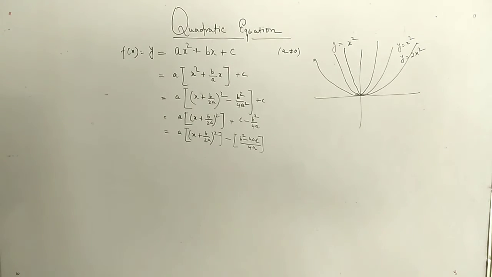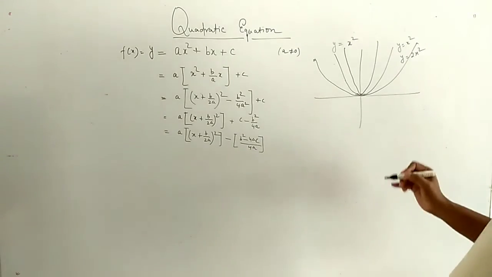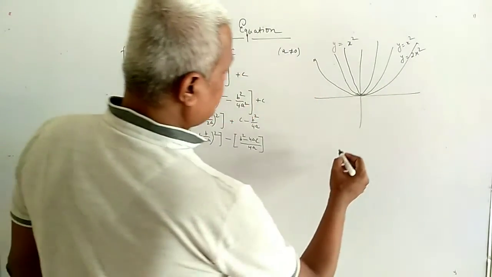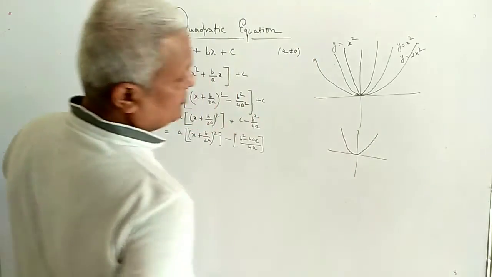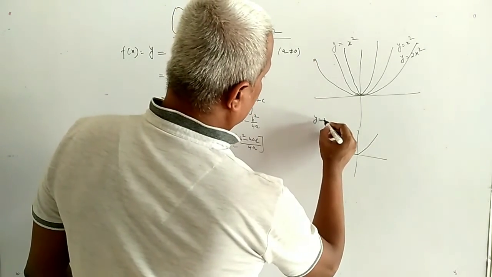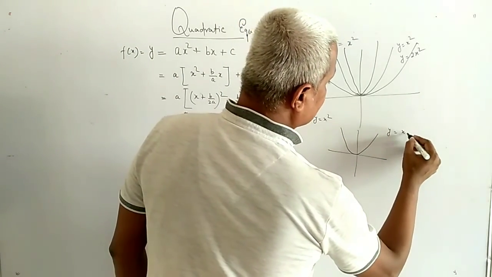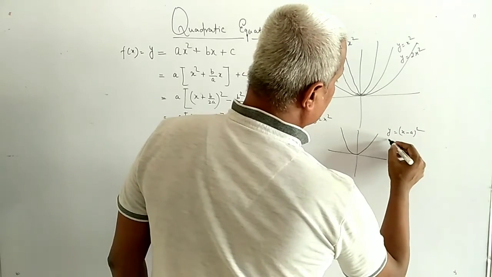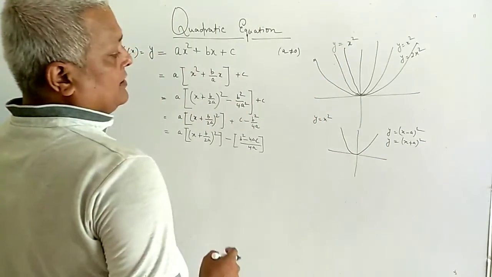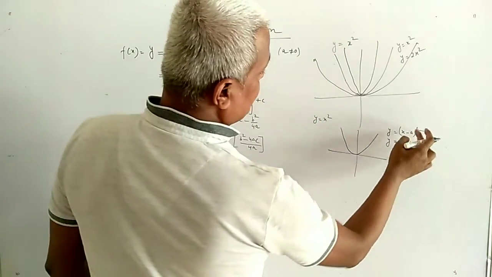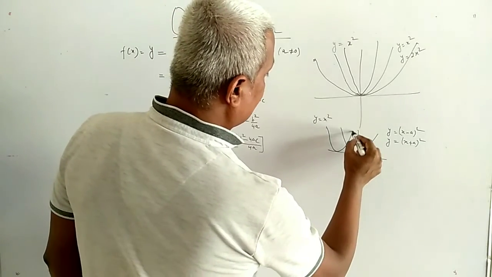And now we are going to discuss the transformation of axis. So suppose that I have a graph y equal to x square. This is my y equal to x square. Suppose I have to plot y is x minus a whole square, or y is x plus a whole square. My graph in this case will translate to the left side, and this will become like this.